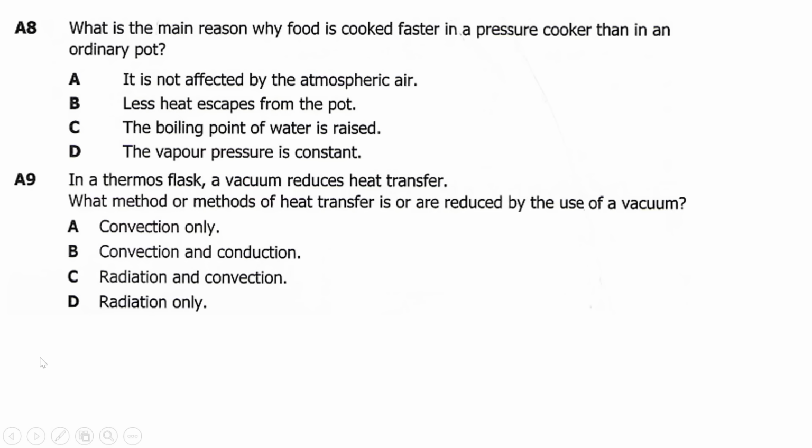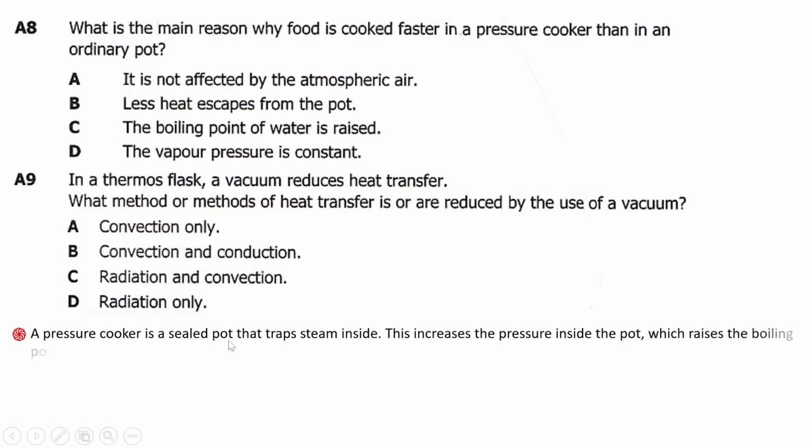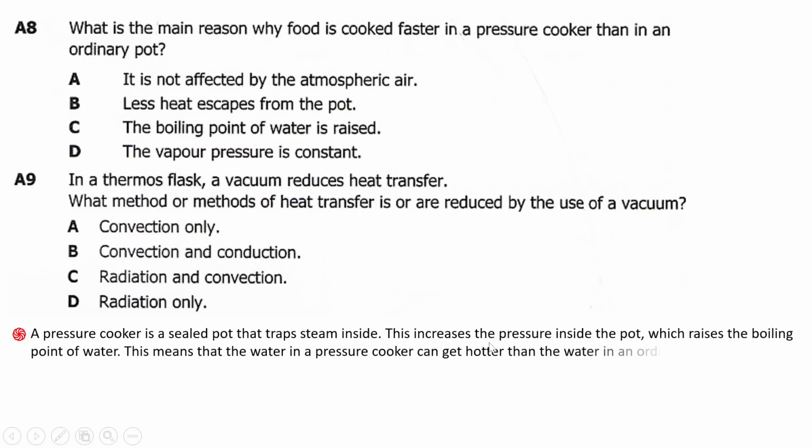So the theory which I will give you here is this: a pressure cooker is a sealed pot that traps steam inside. This increases the pressure inside the pot, which raises the boiling point of water. This means that the water in a pressure cooker can get hotter than the water in an ordinary pot, which cooks food faster.